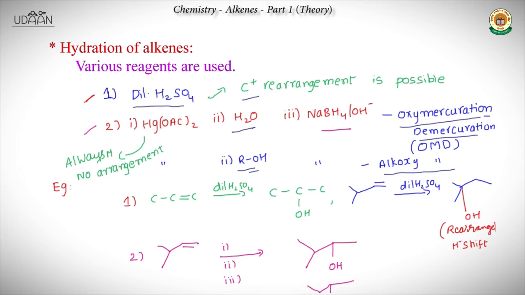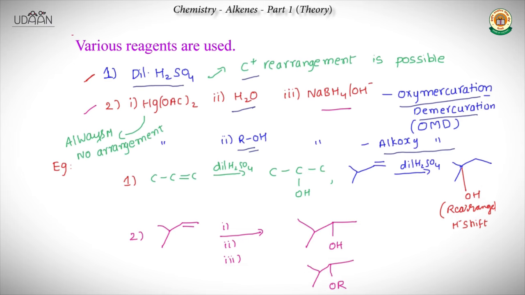Okay. So I've given you an example here. First consider propene. If you add dilute H2SO4, you will get this Markovnikov product. Now consider this example where you can see that a hydride shift has occurred and you have got neither Markovnikov nor anti-Markovnikov product, because the negative part, that is OH minus, has attached to neither of the carbon atoms of the double bond.